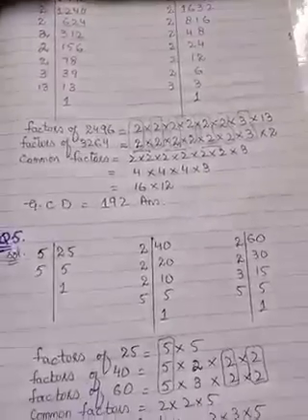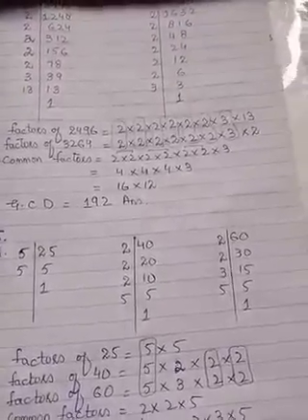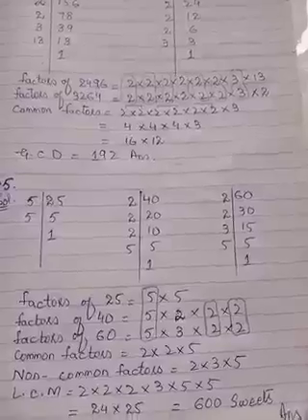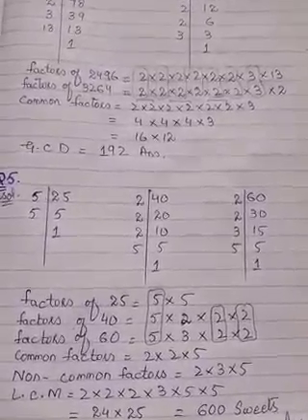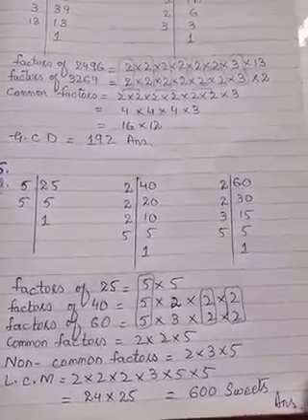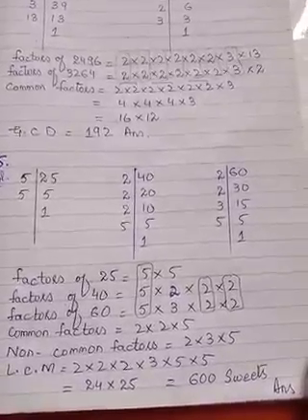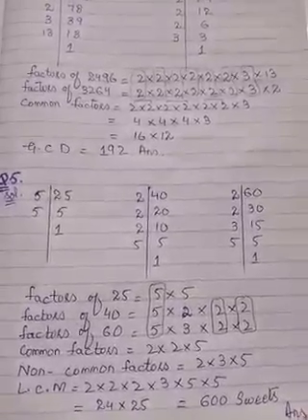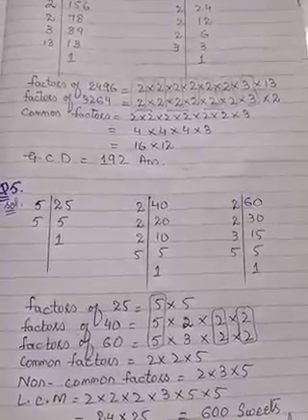Right? In the same way, from the question I came to know that they asked me to find the least number of sweets. So to find the least number of sweets, I have to follow the method of LCM.